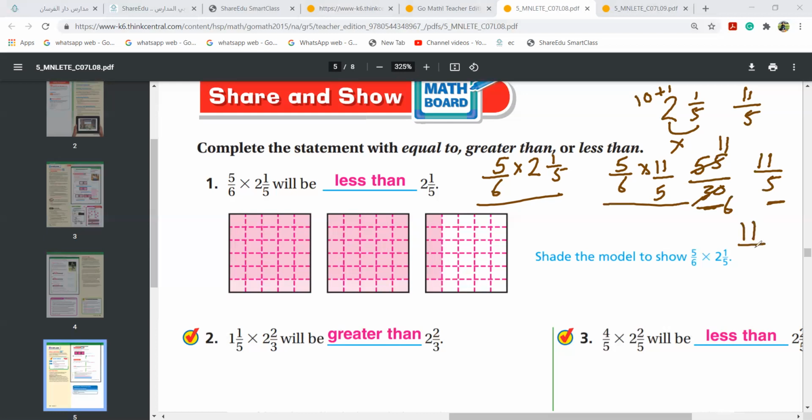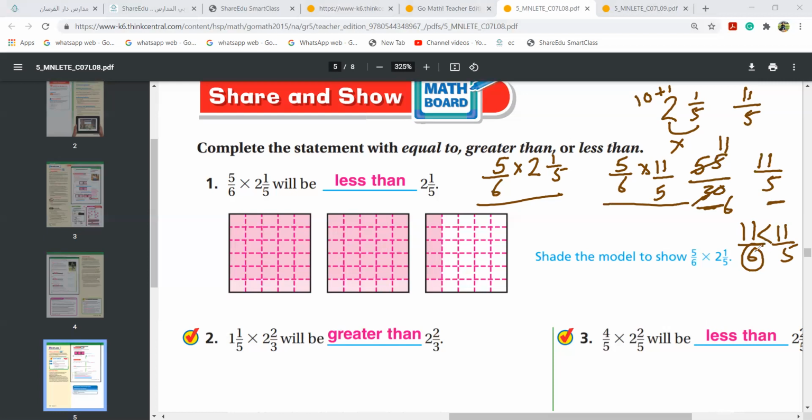Girls, 11/6 or 11/5. When the numerators are same and the denominators are different, you will always choose the greater number as the smaller one.